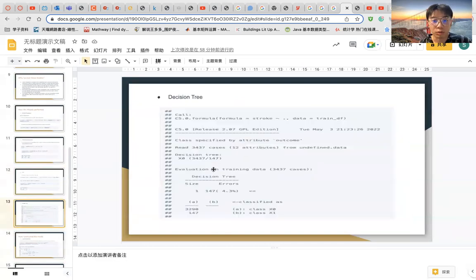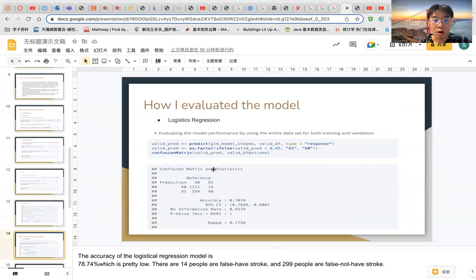Now let's pop into how I evaluate my models. I evaluate my models based on accuracy. As we can see in the output, the logistic regression had 78.74%, which is pretty low compared with the other three models.